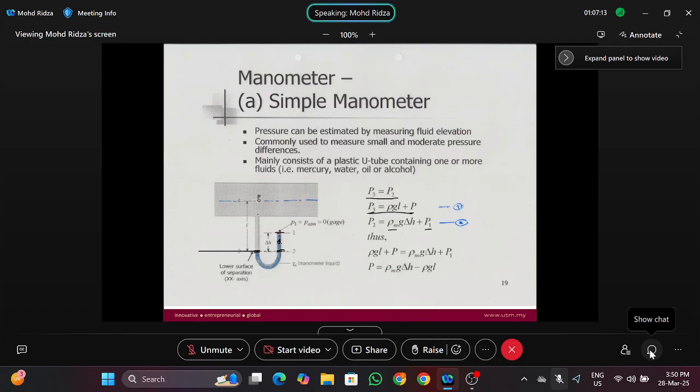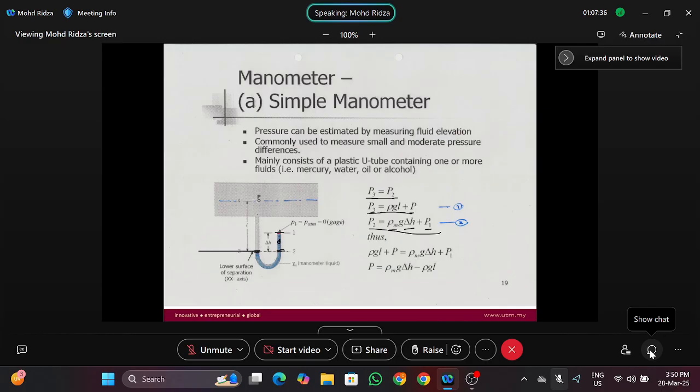And h, in this case, they define it as delta h. You can just use h, you can use delta h, you can use Z. It's just a symbol. So P2 is P1 plus rho m g delta h.